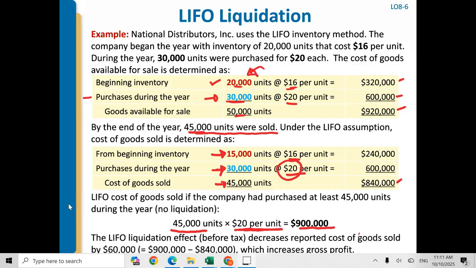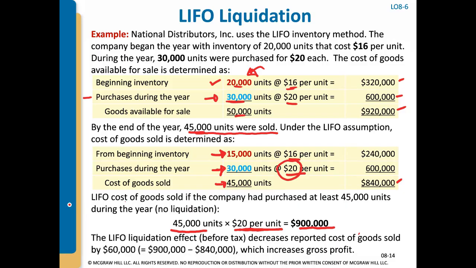What you do next is you calculate the LIFO cost of goods sold if the company had purchased those 45,000 units at the most recent cost, which was $20. The last units they purchased were 30,000 units at $20.